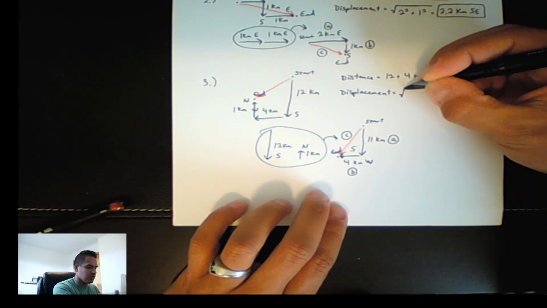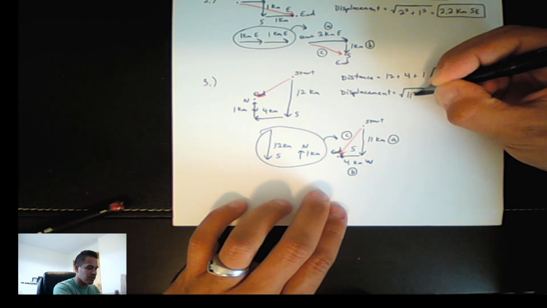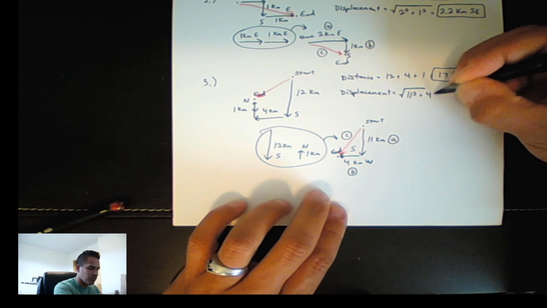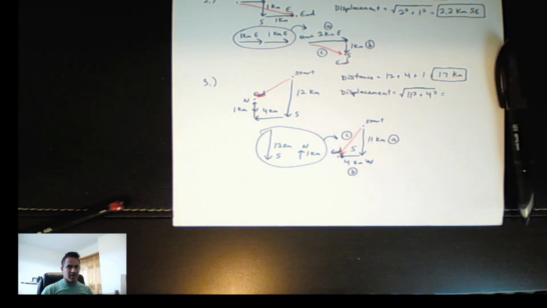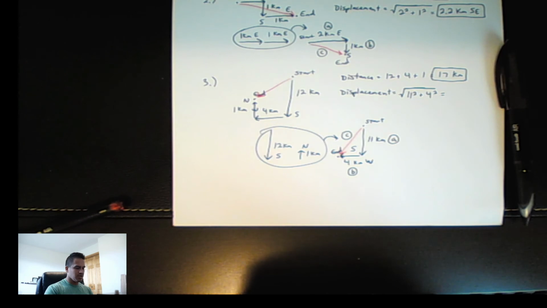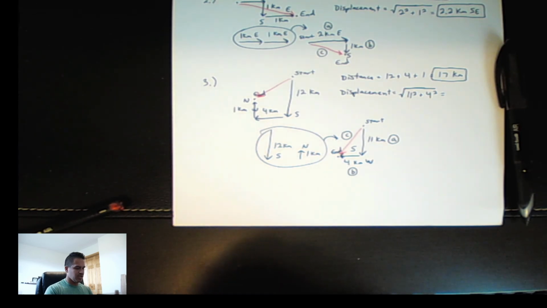So let's go square root of 11 squared plus 4 squared equals, and again, I will do this on my calculator here. So 11 squared plus 4 squared, and then square root this. We get 11.7, I believe.